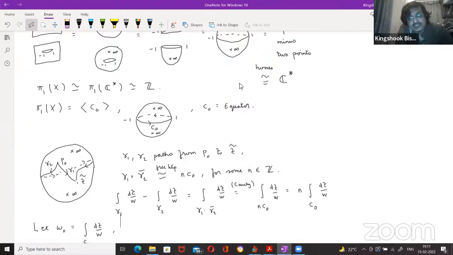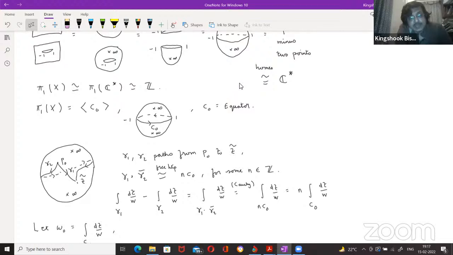So in this picture, it's a sphere minus 2 points. So the fundamental group would be generated by a curve represented by the equator. It goes around the equator once. So that's what I'm calling C naught. All right. And now I can understand what is the dependence of this integral on the path from P naught to the point Z tilde.